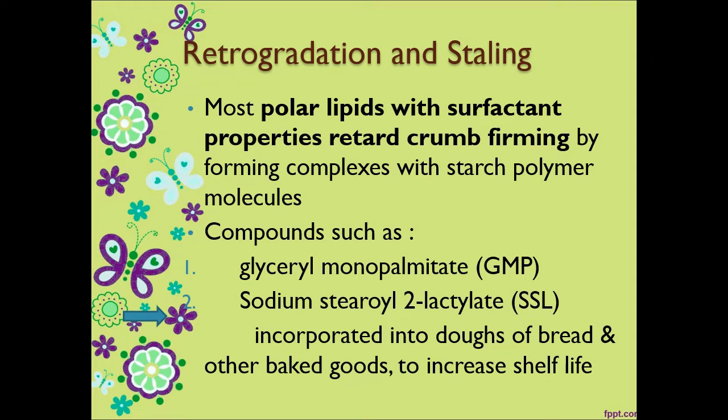So therefore, polar lipid with surfactant properties, meaning it has both hydrophilic and hydrophobic character, will help to retard this crumb firming upon retrogradation once the bread is baked.